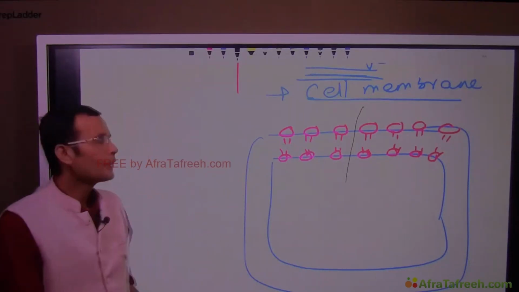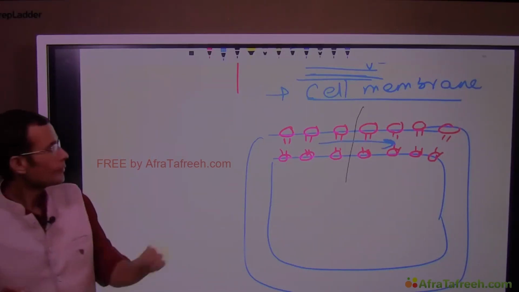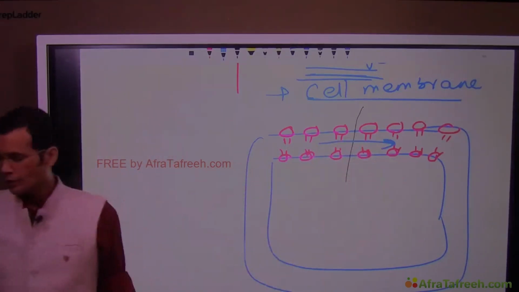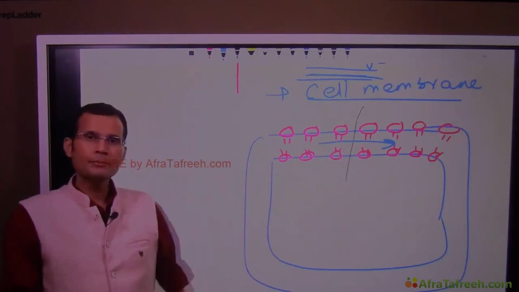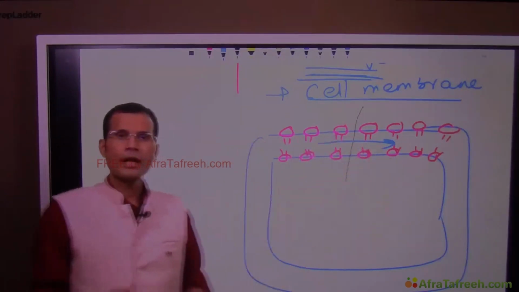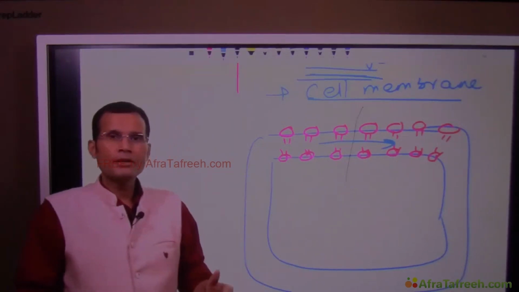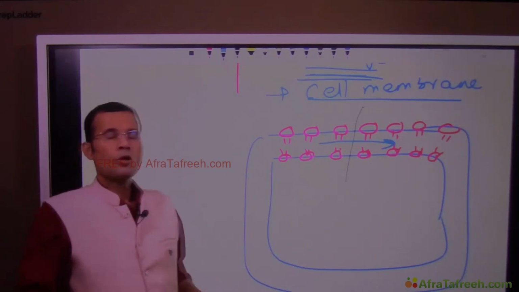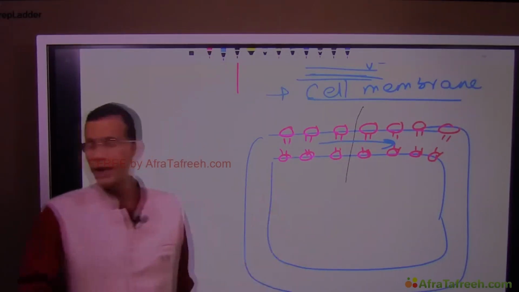That was the question. And the options were lateral movement of lipids in the membrane, like this, or lateral movement of proteins in the membrane, like this, and that will cause healing process, or enzymatic interactions, or hydrophobic interactions in the membrane. What's the answer?